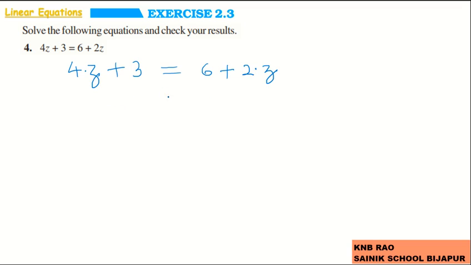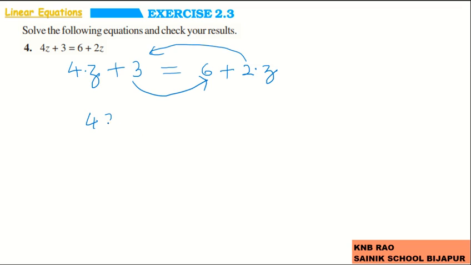Now, to solve this, as I explained to you in the previous session, we will take all the constant terms on one side and all the variable terms on the other side.